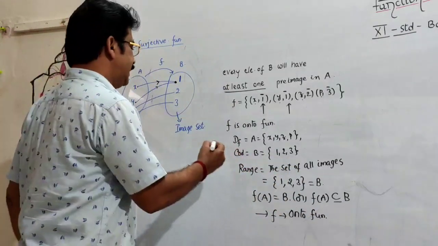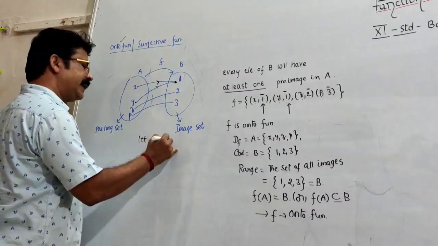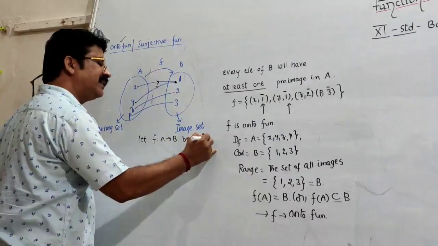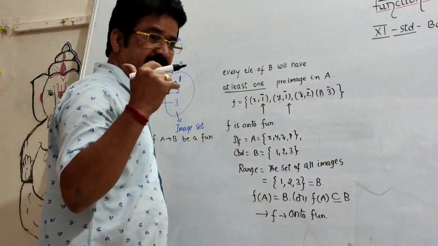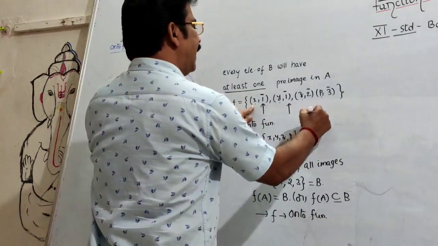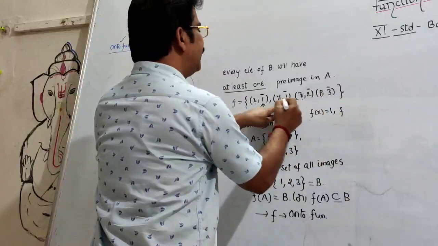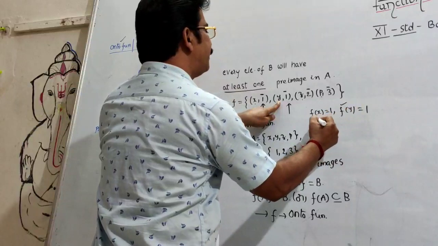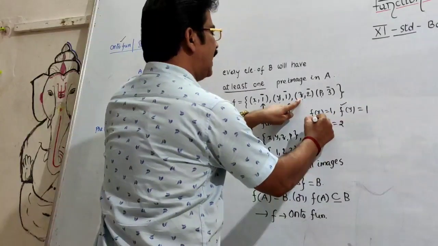Once again, the definition. Let f from capital A to B be a function. Actually, I said already in the previous basic classes, it can be written as f of x that is equal to 1. f of y means y is mapped with 1 under f. Next, z is mapped with 2 under f.